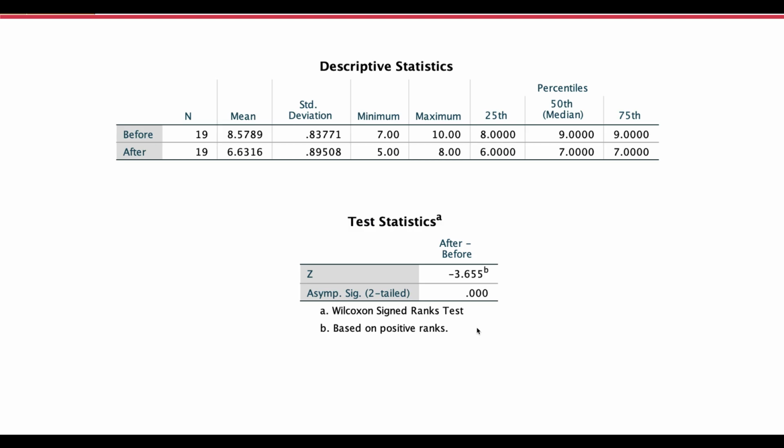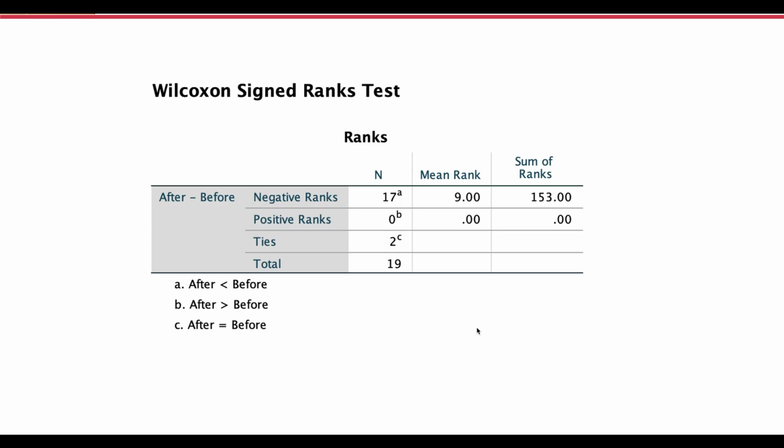Now, I would look at this table of the Wilcoxon signed rank test. Over here, you would find there are negative ranks, positive ranks, and ties. Now, what do we mean by negative ranks? You would find the N is 17 in case of negative ranks, and there is this superscript a given over here.